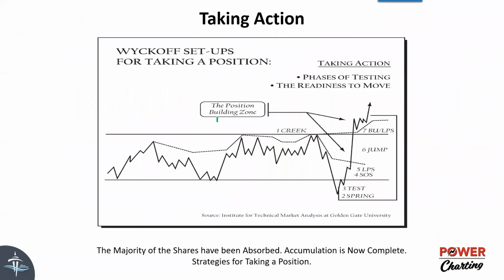And here is something else I want to just review with you, and that is the idea of where do you take a position in a stock. This was a great chart that we had in our class. And here is the accumulation setup. And then you have a spring and a test, or often a last point of support, which is a higher low.